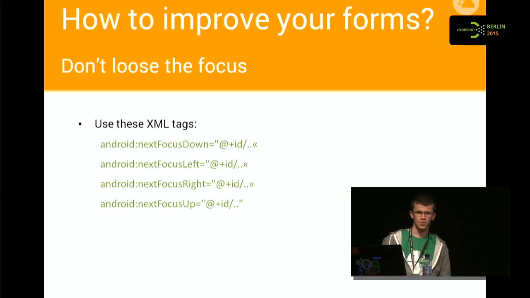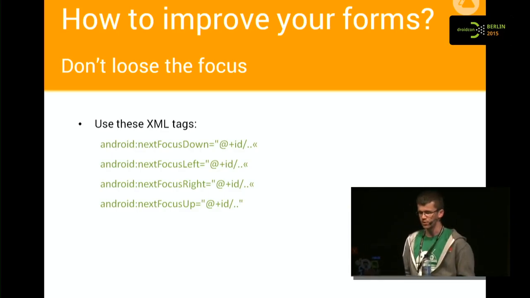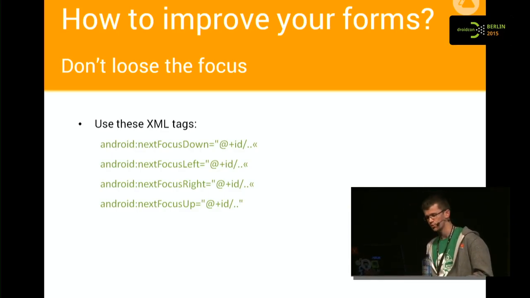This is particularly useful if you have different images or different layouts in your view hierarchy, and they might take the focus in between two edit texts. So if you do it properly, then the system will understand properly.